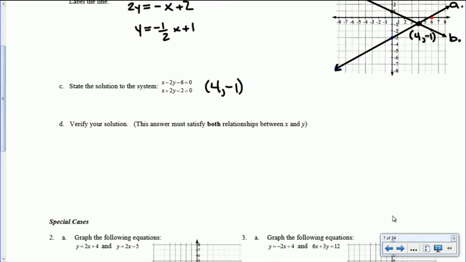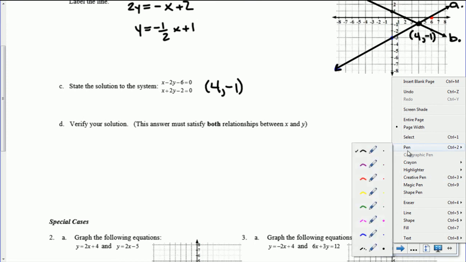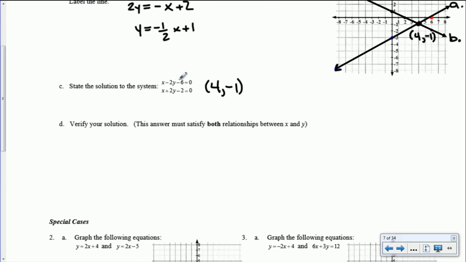And now let's verify. So let's check that with each. So for the first one, x minus 2y minus 6 equals 0. So I'm going to put 4 everywhere I see an x. I'm going to put negative 1 everywhere I see a y. So 4 minus 2 times negative 1, subtract 6 equals 0, hopefully.